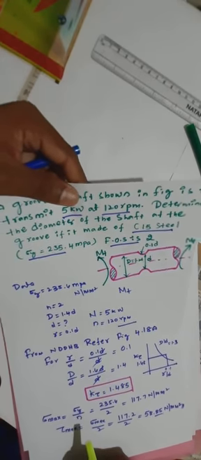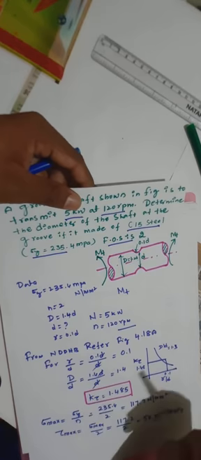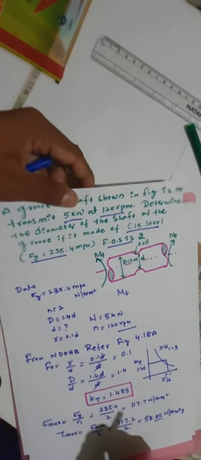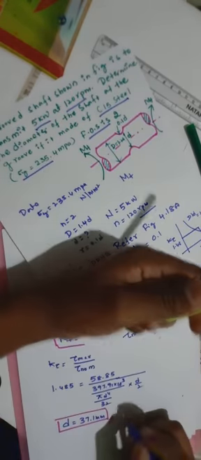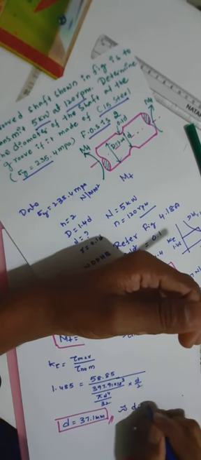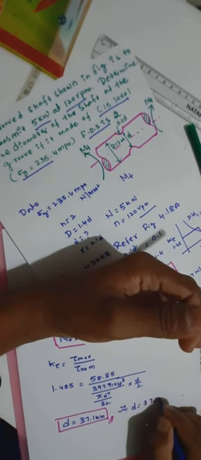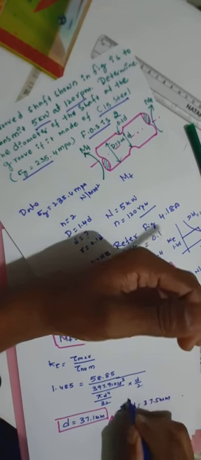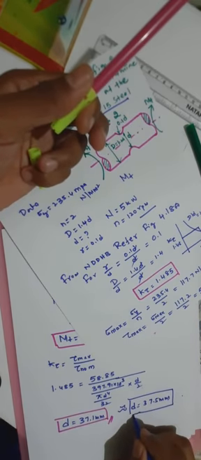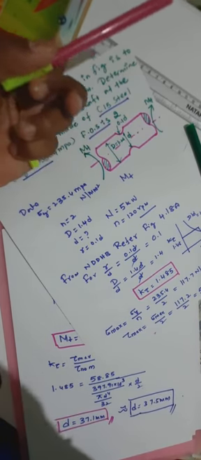Finally, the diameter of the shaft is 37.1 or 37.5 mm. We can round up this value, so D is equal to 37.5 mm. Thank you.